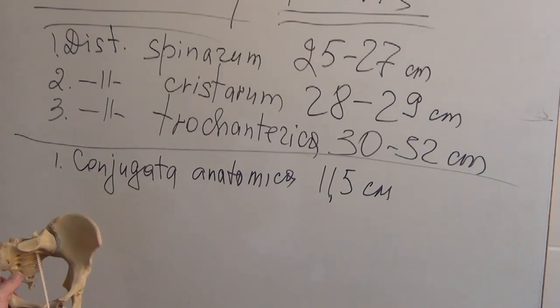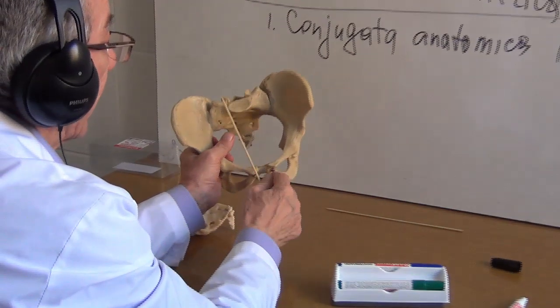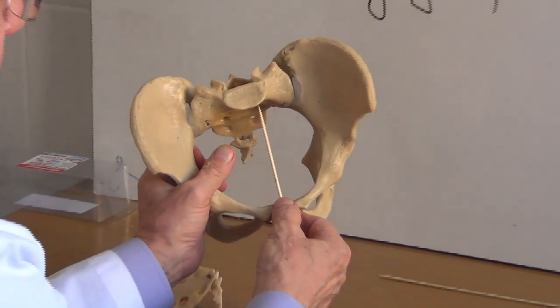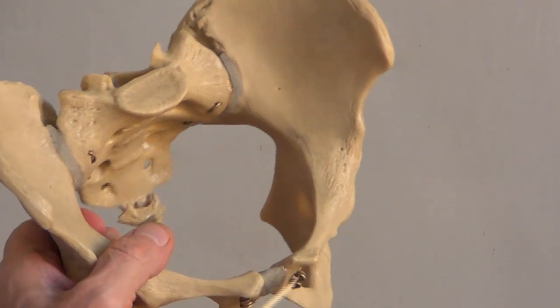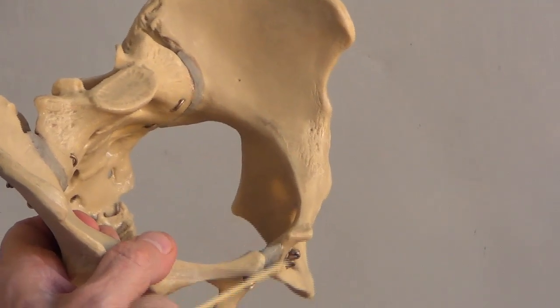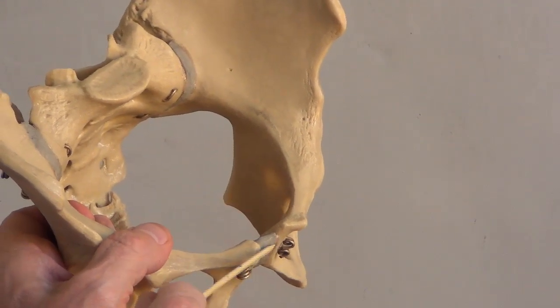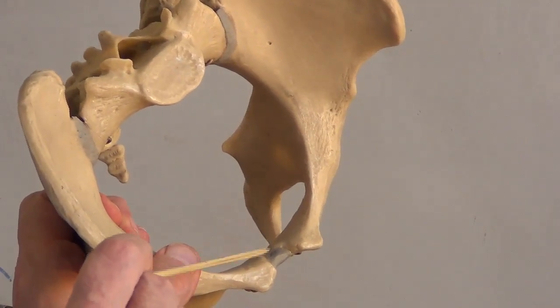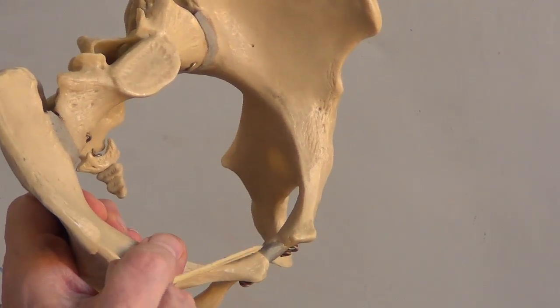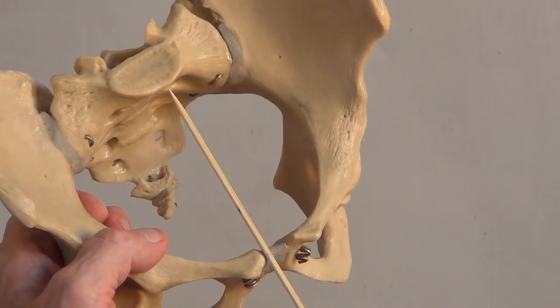And the second is in the same place, but not for the anterior upper, but the posterior, internal upper point of pubis.